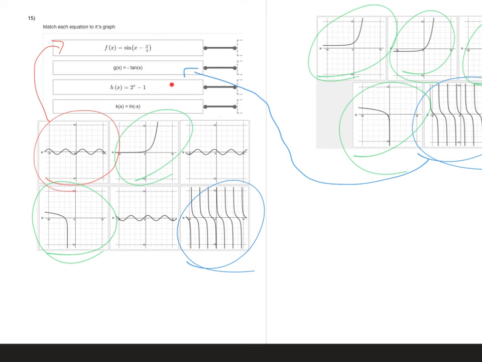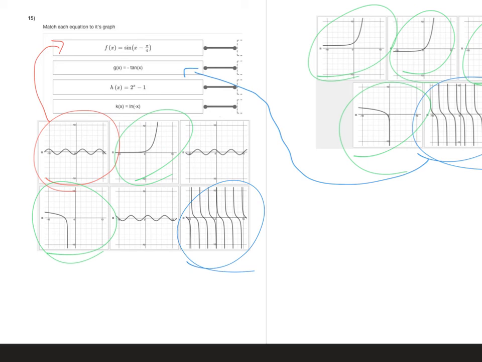And I also know that as I go to the left, without the minus 1, this graph should have a horizontal asymptote, an end behavior that as x goes to negative infinity, the y's go to 0. So now this is just going to drop this down to a horizontal asymptote of negative 1. So I'm looking for an exponential growth that's been shifted down 1. Horizontal asymptote of negative 1, y-intercept through the origin.